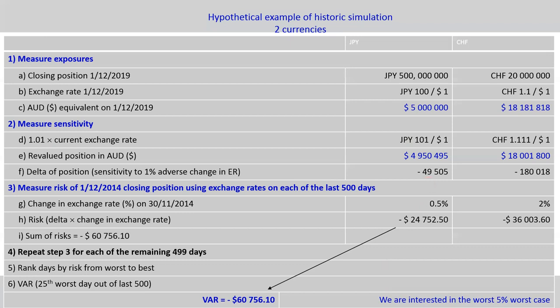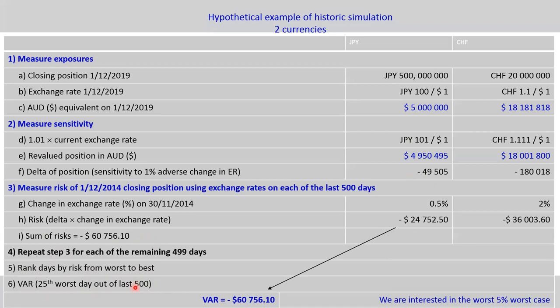So in this case, this is the risk of 1 day. Now you repeat step 3, which is this step, for the next 499 days. So you will rank the days by risk from worst to best, as I told you, and then you will take the VAR, which is the 25th worst day of the last 500. This is actually 5%.